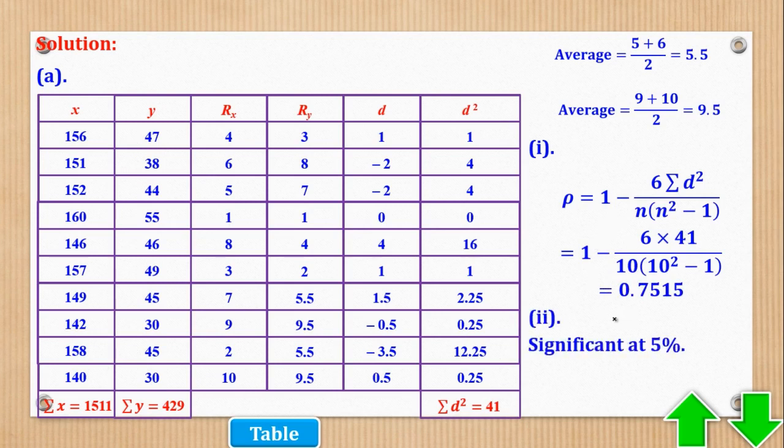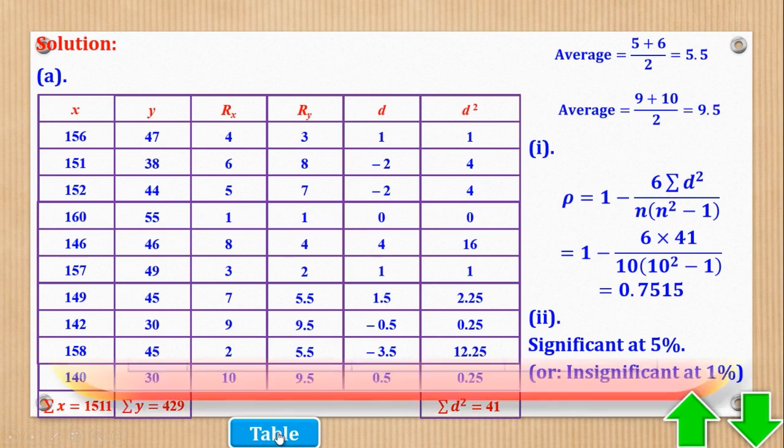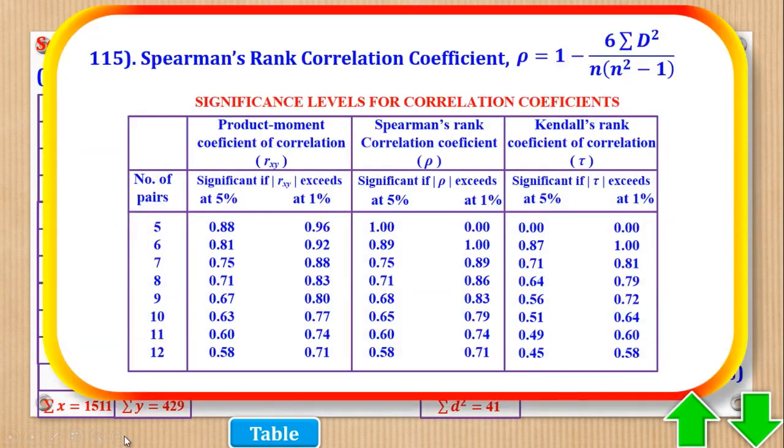And after that we have to comment, saying significant at 5% or insignificant at 1%. Why do we say such a comment? It is because of the table. So we come to the table. We have 10, which is there, so we have these two values: this for 5% and this for 1%.